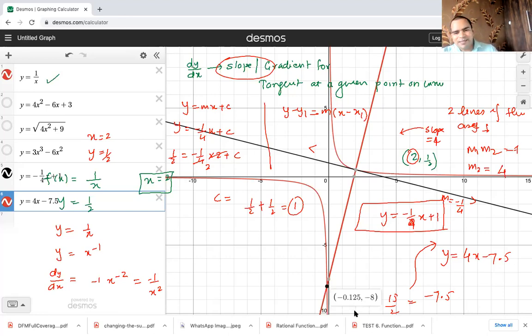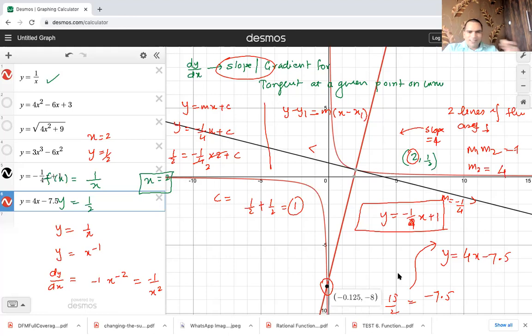But if you look at the normal, the normal I've drawn is meeting the curve again, at this point. They will say to use the equation that you derived to find where this normal meets the original curve again.